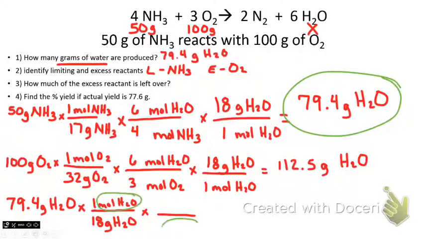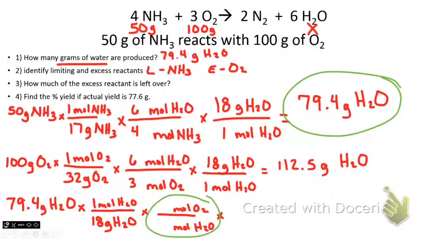I've got moles of H2O as my numerator unit, which means moles of H2O has to drop down to match in my denominator unit. So I'll put moles of H2O here. And again, I'm trying to get to moles of my excess reactant, which in this case you just told me was your oxygen.